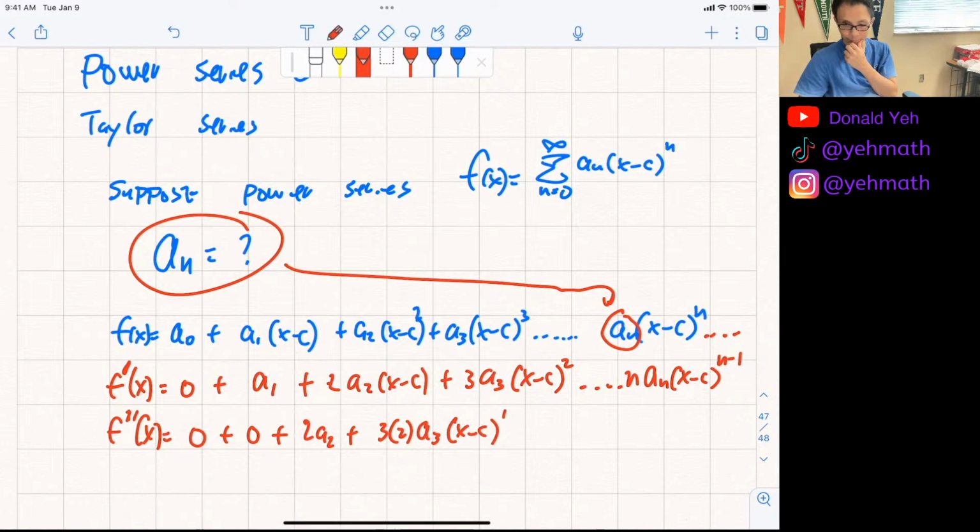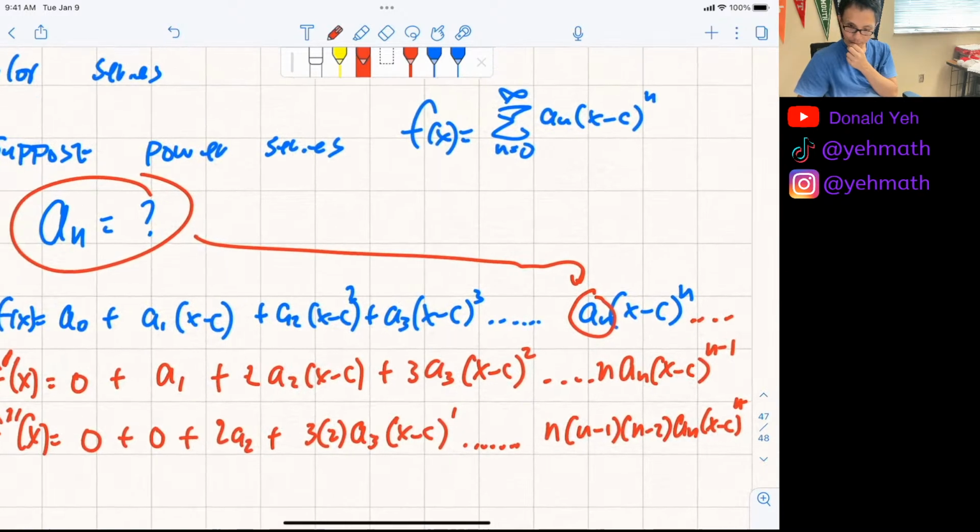And if you go to an infinite amount of terms, it's basically n times n minus 1 times a_n times x minus c to the n minus 2.